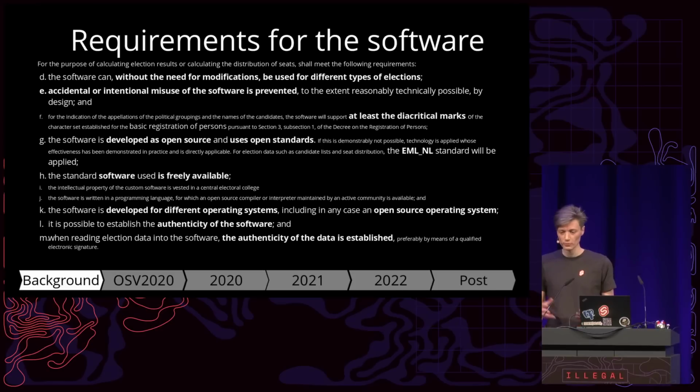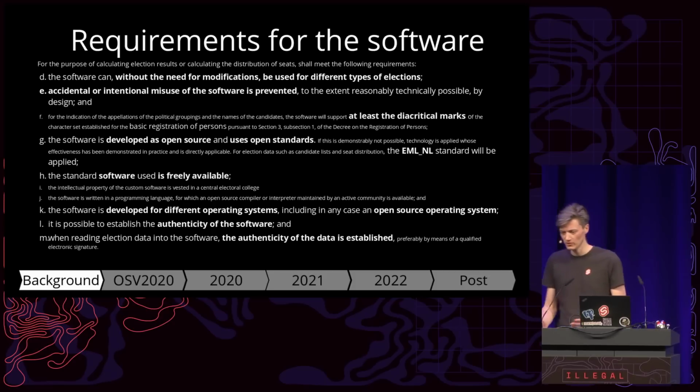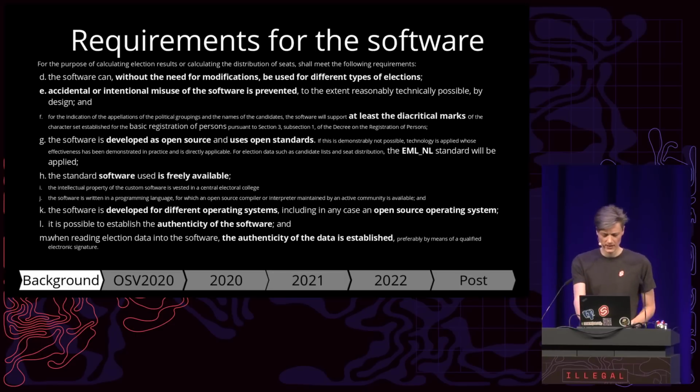It should work on multiple operating systems, including an open source operating system. And the authenticity of the software and the data should be checked and established. So lots of good rules. I think they're better than, I don't know what the German rules are, but apparently they don't do all this.